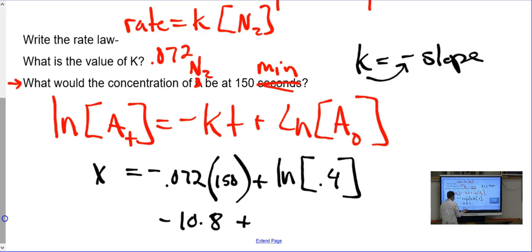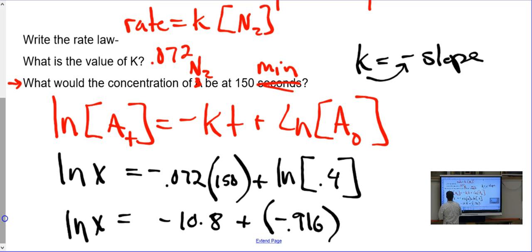If I make a mistake on the math, I'm sorry. I'm not good at recording, talking, and doing math all at the same time. And then the ln of 0.4 I get to be equal to negative 0.916. Okay, and the ln of x will be equal to that value.